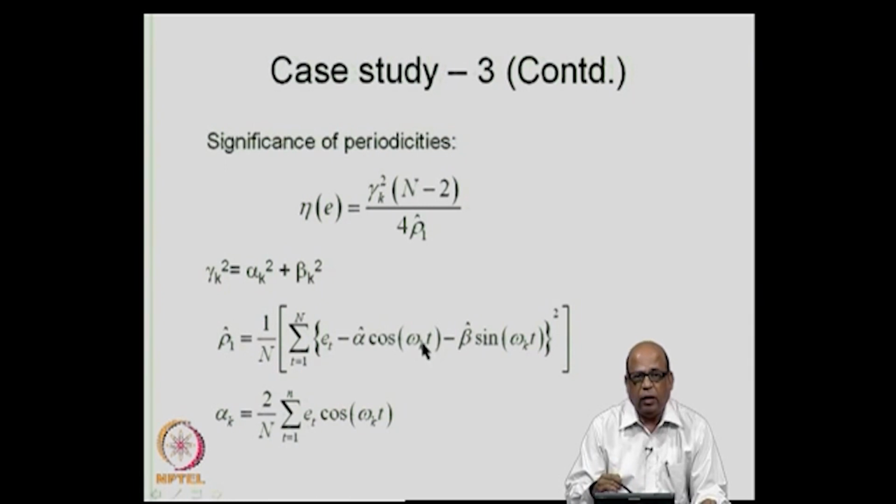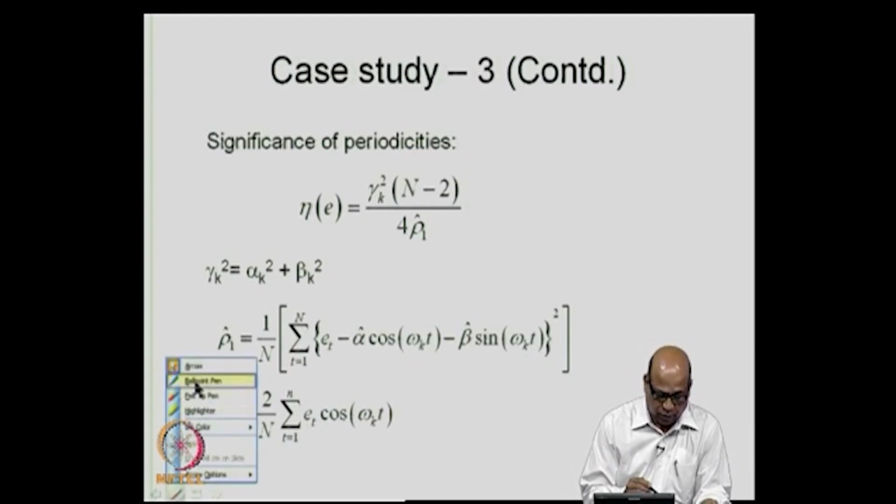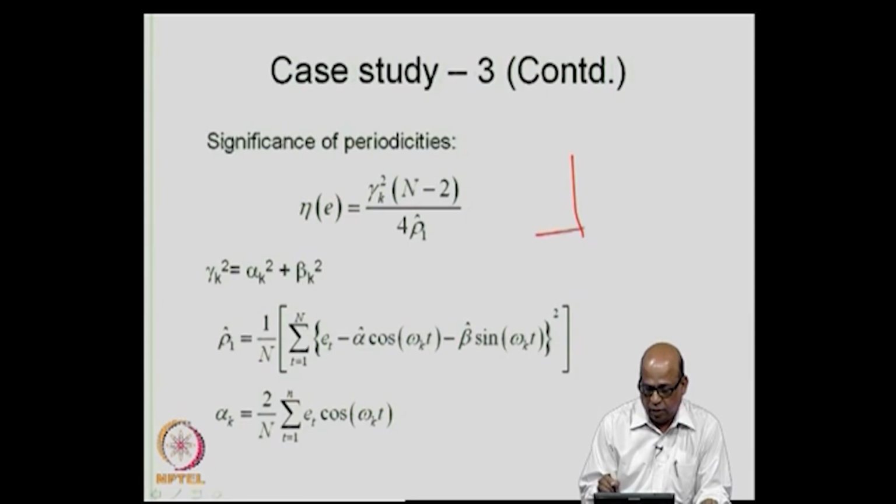Remember, omega k is the omega value for the particular periodicity. Let us say we are testing for periodicity number 1, which in our case is a periodicity of 12 months. Then omega k is that particular value. To make it more clear, let us say that we had our original spectrum like this, and this is the omega k corresponding to the first periodicity, omega k corresponding to the second periodicity, etcetera.